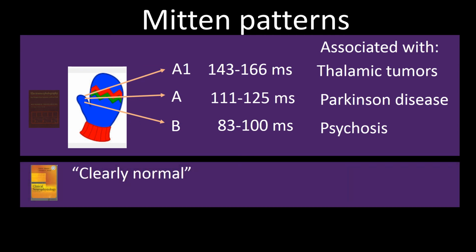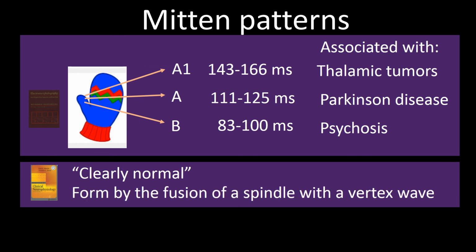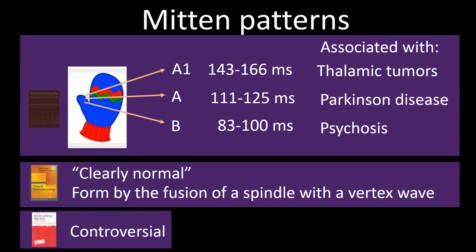In Misulis's book, they state that mitten patterns are clearly normal and that they are formed by the fusion of a spindle with a vertex wave. Hughes classified them as controversial.